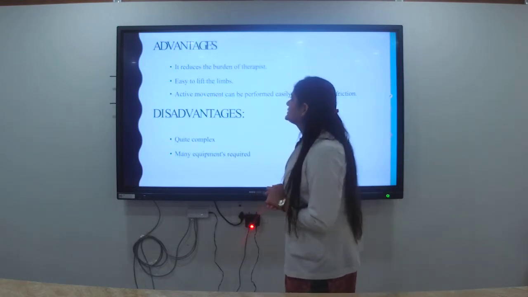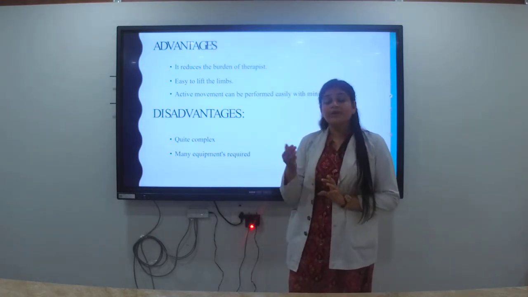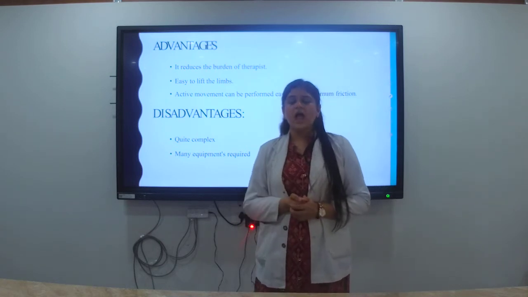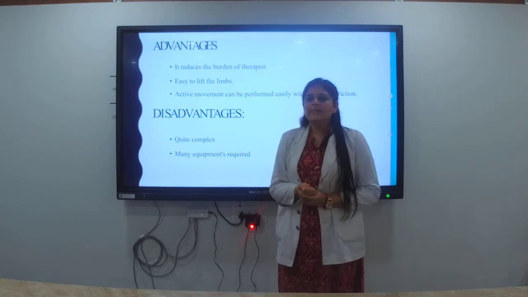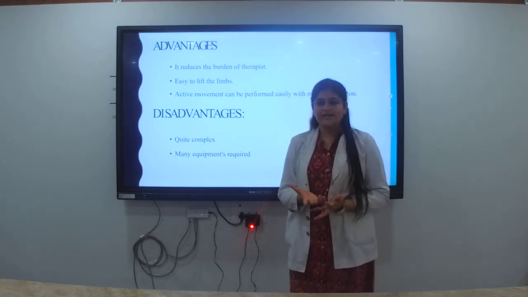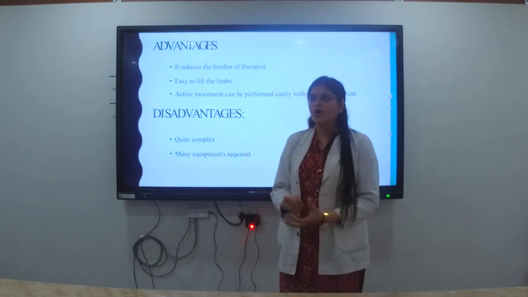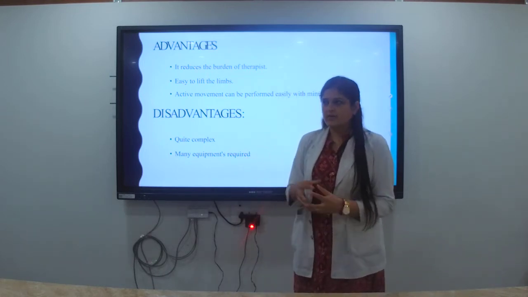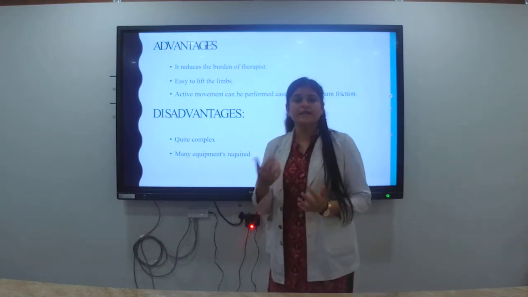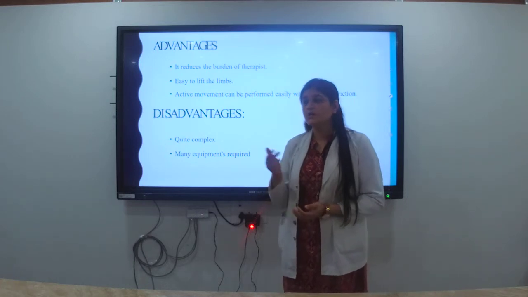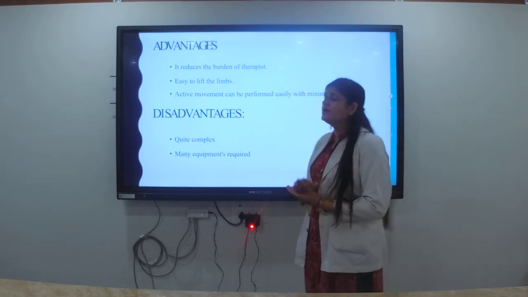Advantages and disadvantages. As I said, the biggest advantage back then was also to reduce the burden on the therapist. Now what happens, we see that many obese persons or many persons who are overweight and who are well heighted, and when the therapist is short statured and not so physically fit and not having so much of physical endurance to lift such heavy patients, in those patients suspension therapy can prove to be a boon because it reduces the burden of the therapist.